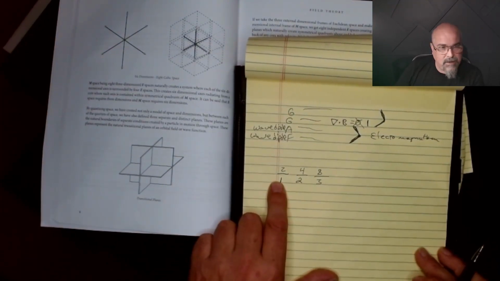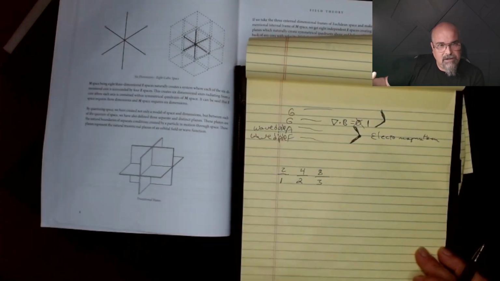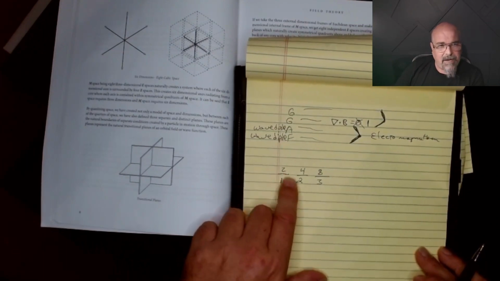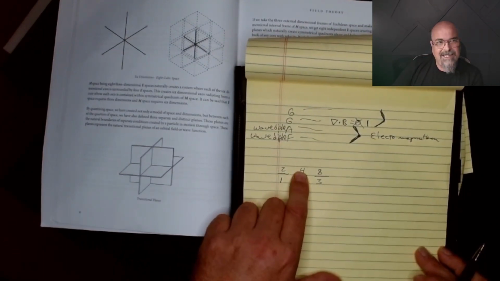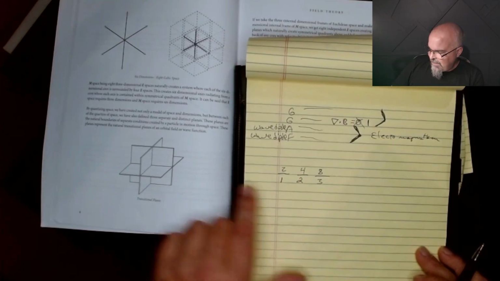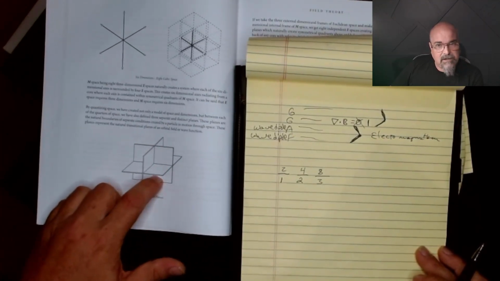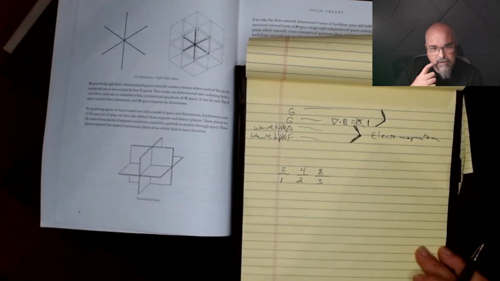And it's a single particle in motion that creates that binary system, right? So you have a single particle in motion creating a binary system. That binary system has quad outputs that create a ternary system of 3 transitional planes creating 8 outputs.